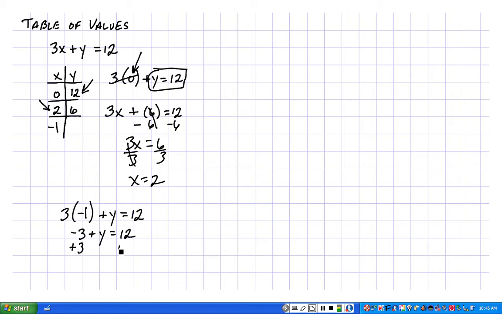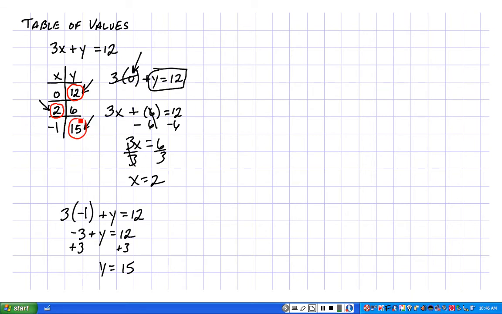Add 3 to both sides, y equals 15. So when x is -1, y is 15. Alright, so that's just a basic exercise of completing a table of values. So again, all you would do is plug in the values that were given to you, and that will help you find the values that were missing, which in this case were those values.